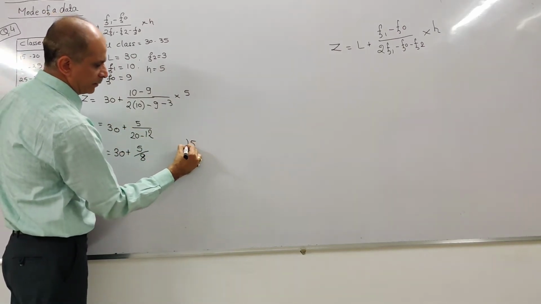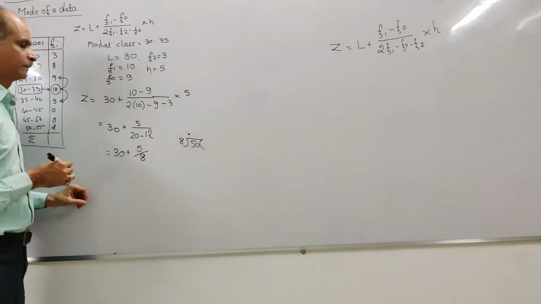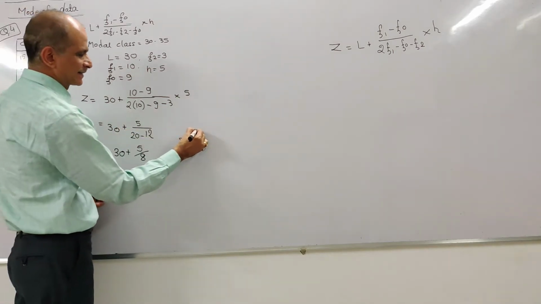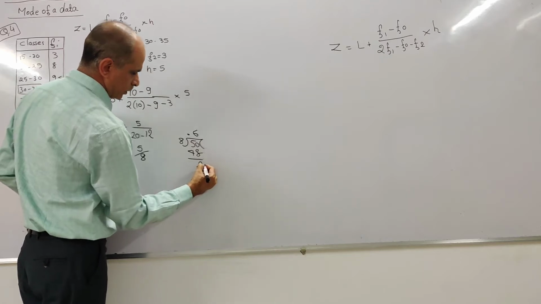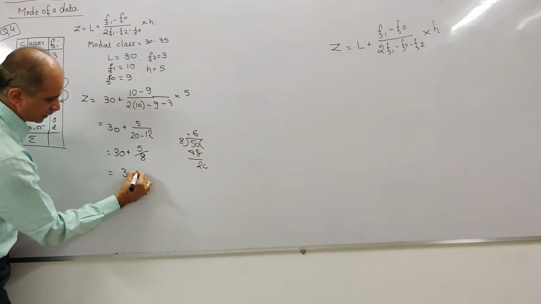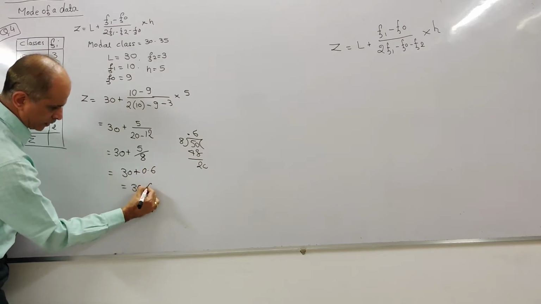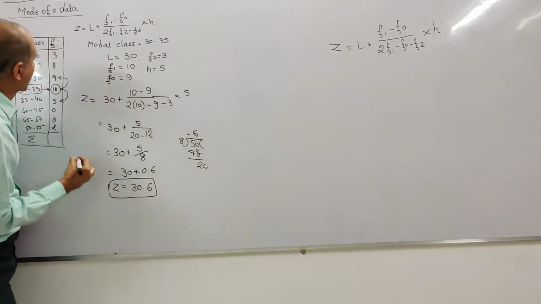When you divide 5 by 8 you get about 0.6. So 30 plus 0.6 is equal to 30.6, which is the mode of example number 4.